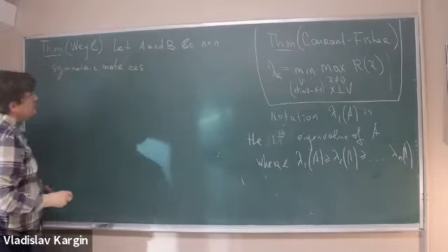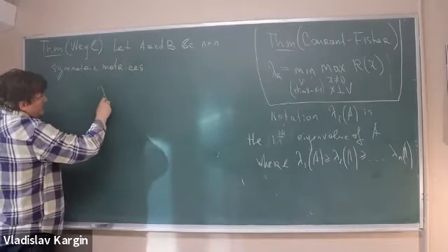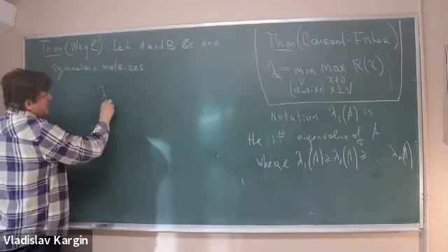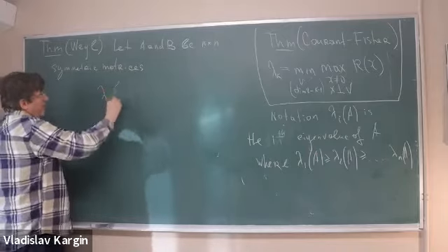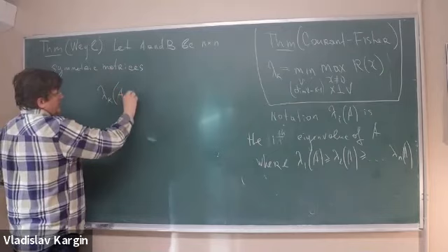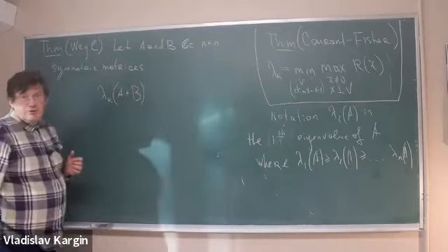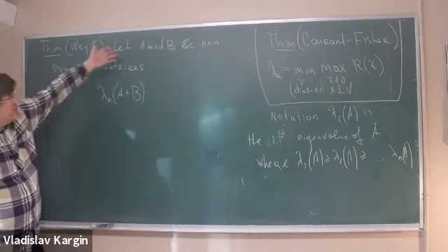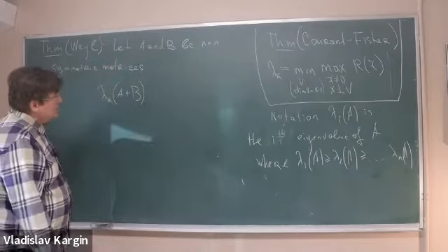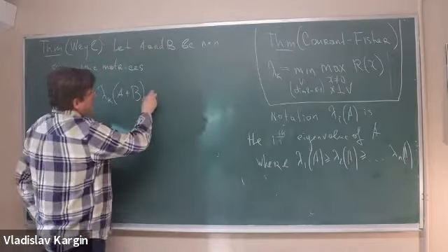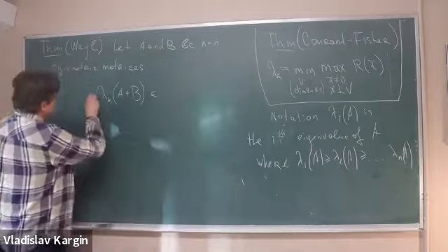So then it turns out that, okay, we are interested in lambda, maybe not I, say maybe k of A plus B. So what we can say, we know the eigenvalues of A and B. Using this theorem, it turns out that you can prove this.